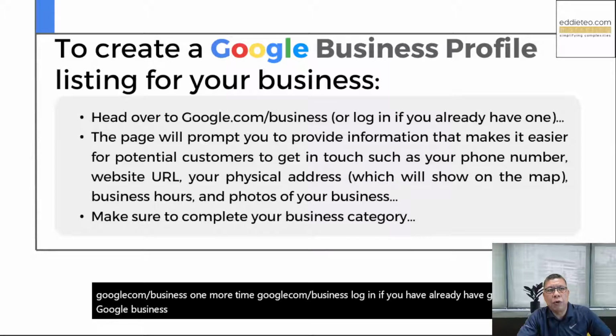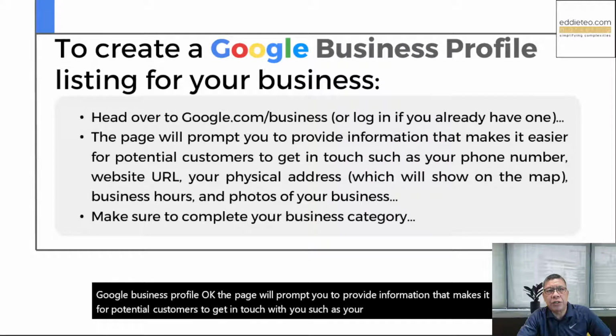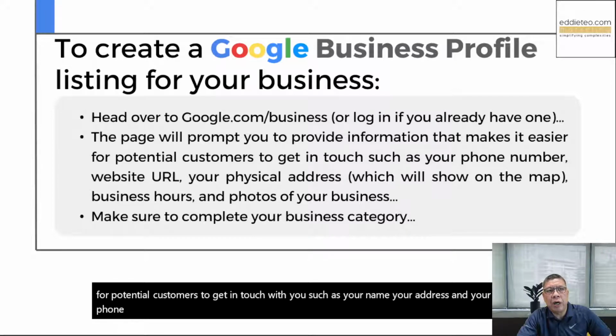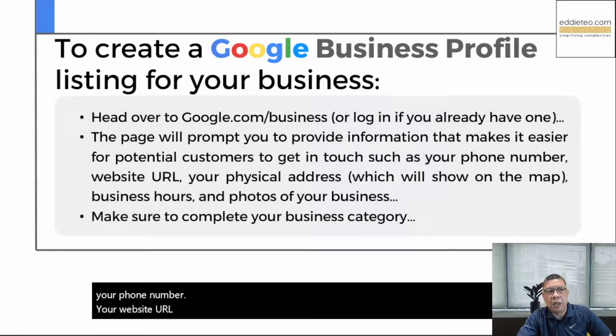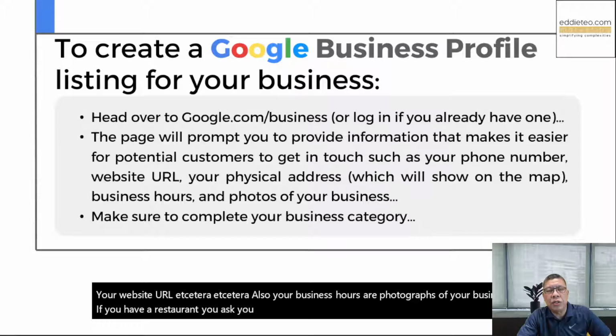The page will prompt you to provide information that makes it easier for potential customers to get in touch with you, such as your name, your address, your phone number, your website URL, and so on. Also your business hours and photographs of your business. If you have a restaurant, they'll ask you for images of your menu. Make sure you complete your business category as well. Choose the relevant and appropriate categories.